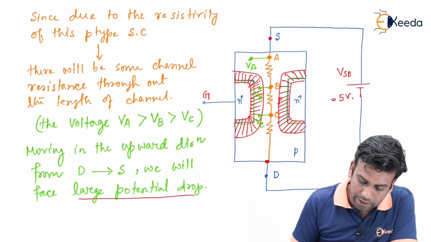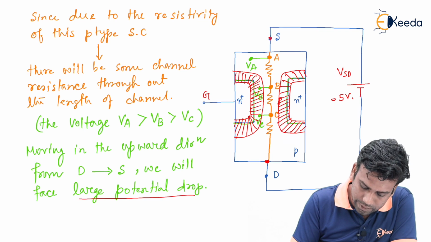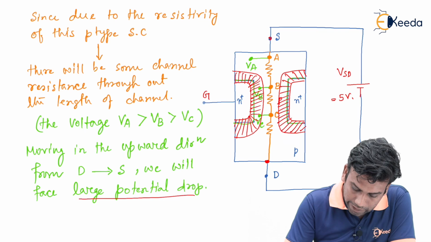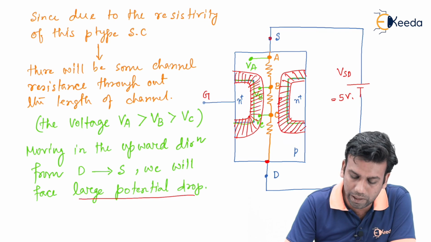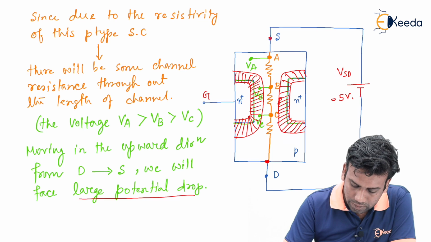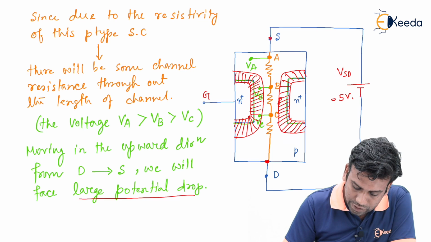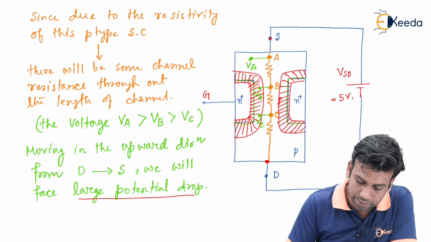That means the reverse bias in the N plus P junction near the source will be higher than the reverse bias near the drain.